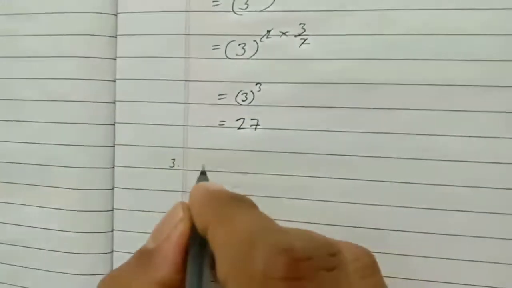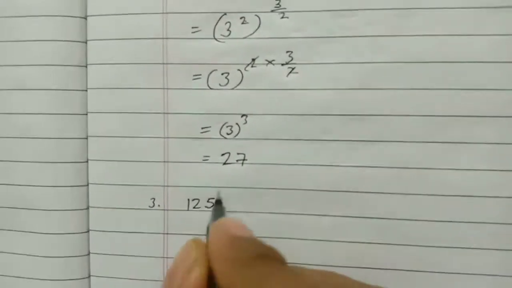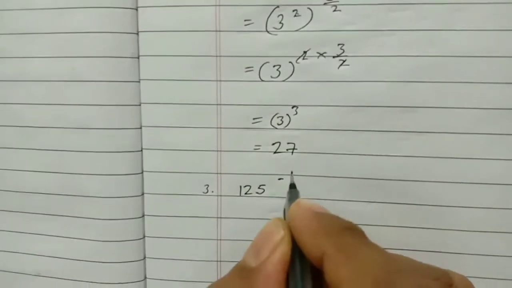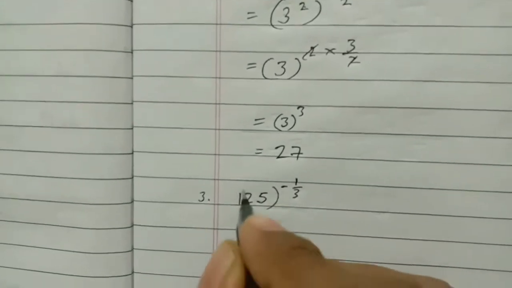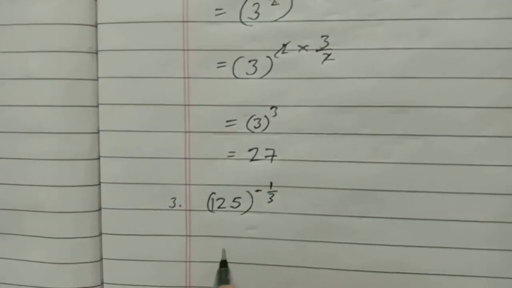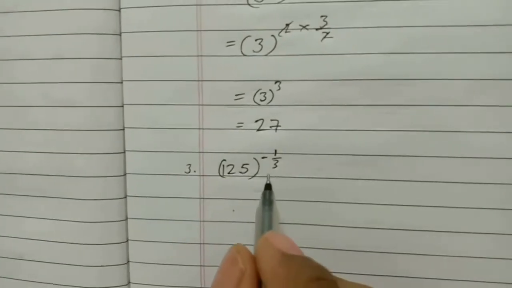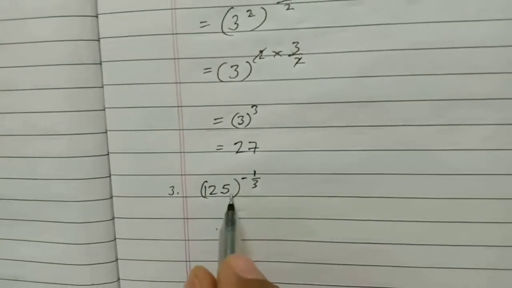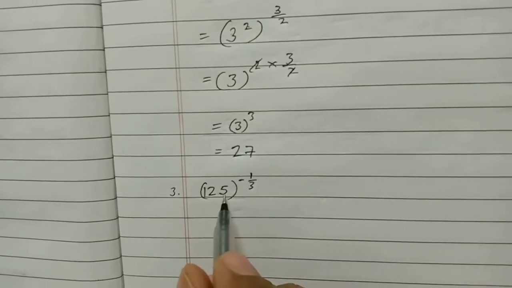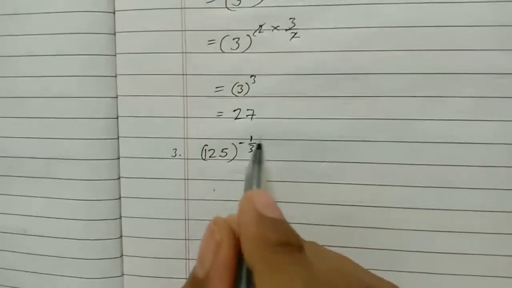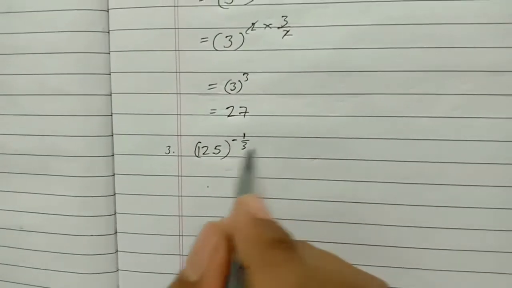So one more example, 125 raised to minus 1 by 3. So if you break 125 three times, what is the cube of 5? 5 into 5, 25. 25 into 5 is 125.